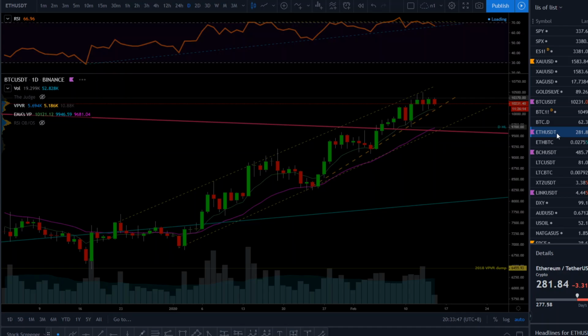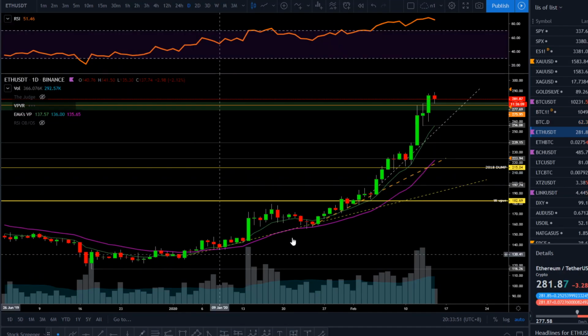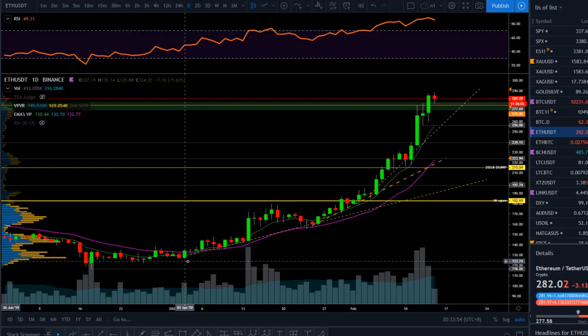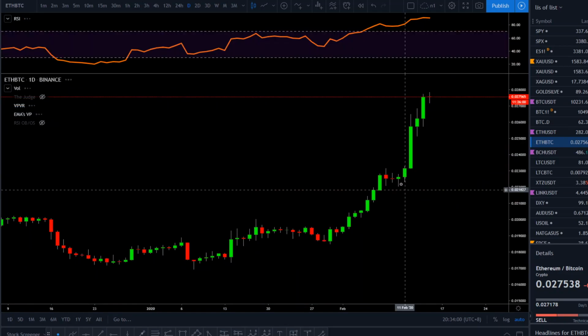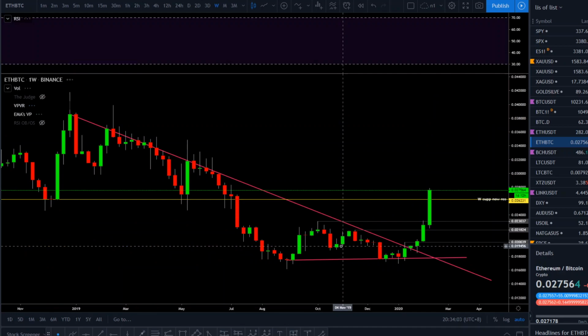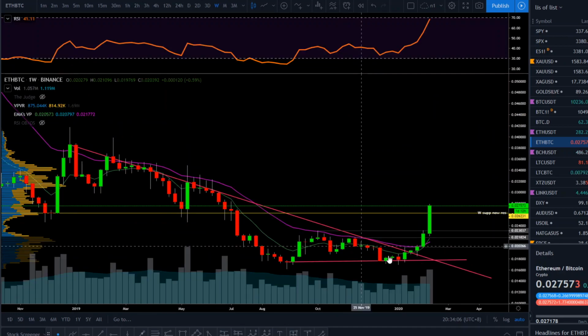Ethereum has been just killing it, and I did make a call out on Twitter about it. First of all, Ethereum BTC. If we have a look at Ethereum BTC, we had a massive trend line here as a resistance, sort of like a triangle.